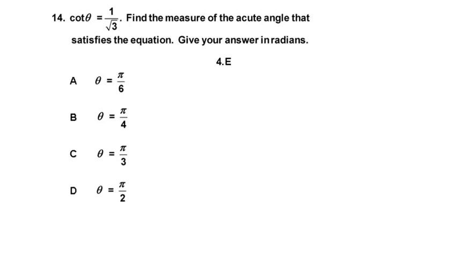Let's go on to 14. If cotangent theta equals 1 over square root of 3, find the measure of the acute angle that satisfies the equation. Give your answer in radians. Well, you can use a special right triangle for this if you'd like. One thing you can look at is cotangent is opposite over adjacent, so we can say 1 equals our opposite, and square root of 3 equals our adjacent.